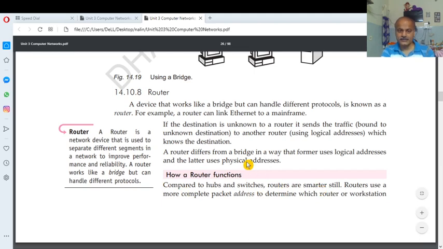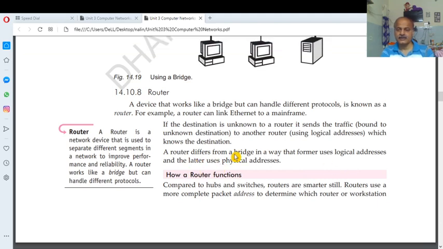A router differs from a bridge in that the former uses logical addresses and the latter uses physical addresses. So a router uses the logical address while the bridge uses the physical address.